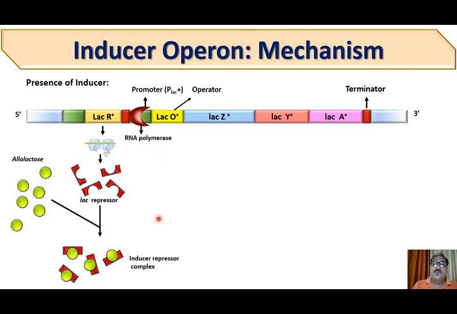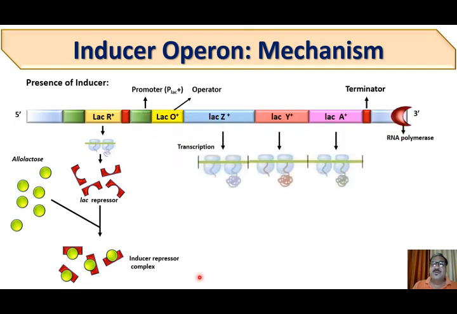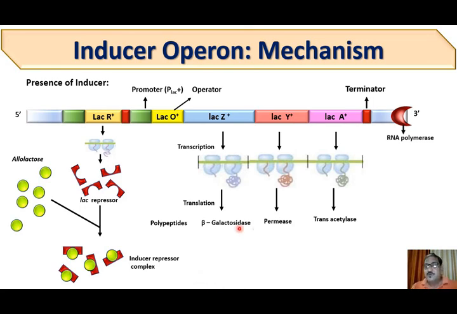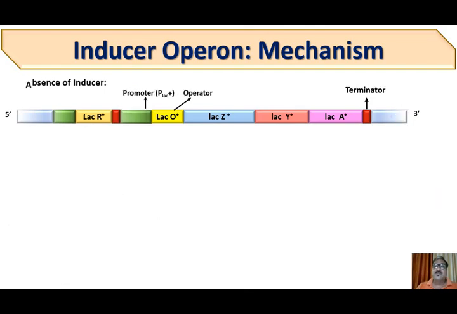So now the RNA polymerase enzyme binds with the promoter and brings about the transcription of all these structural genes, and then these structural genes undergo translation and produce the three enzymes which are responsible for the catabolism of this lactose sugar.